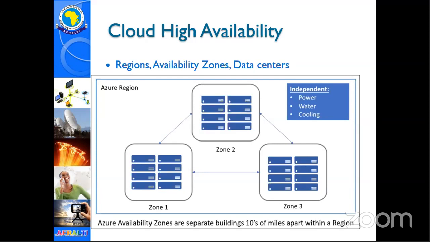The advantage of having these regions is that they're designed in such a way that they have independent power, water, and cooling. And this is very critical, especially when it comes to power in Kenya. For example, if you look at the Africa data center, they have their own mini substation there that does not serve any other customer.